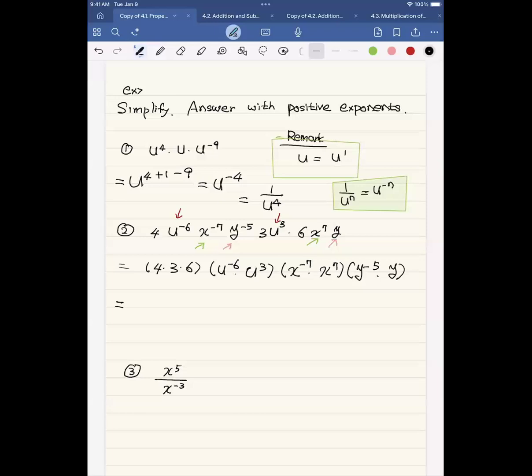When you multiply all of these, we will get 72. And then this one will become u to the negative 6 plus 3, and then x to the negative 7 plus 7, and y to the negative 5 plus 1. Remember, y is y to the 1 power.